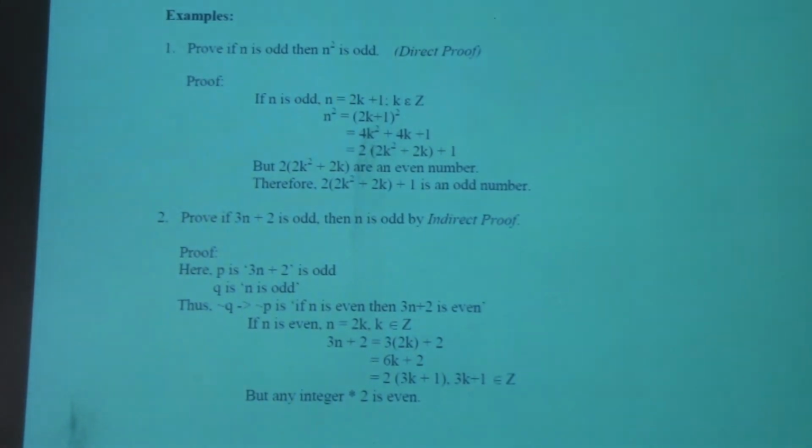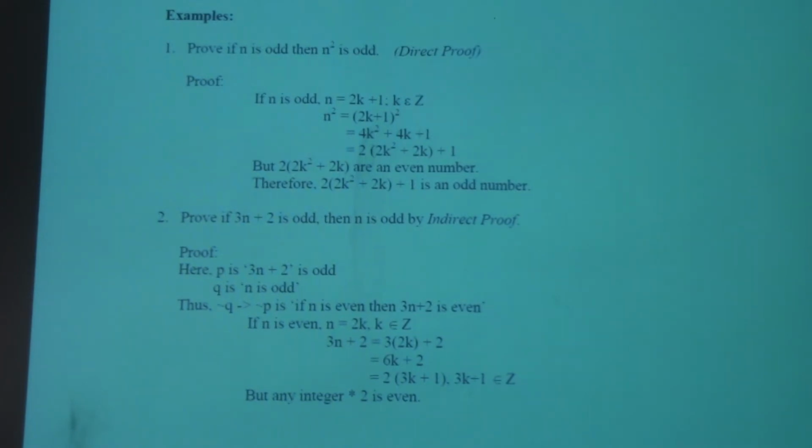Because every odd number is 2 times an integer plus 1. Because 2 times any integer makes it even, divisible by 2. Plus 1 must make it odd, because we know an even number plus 1 makes odd.